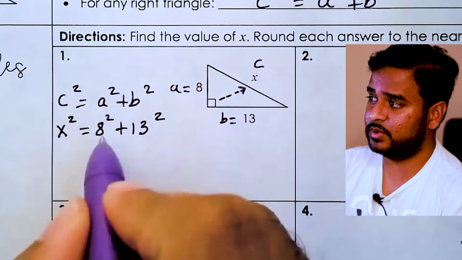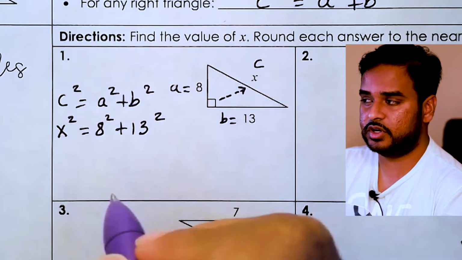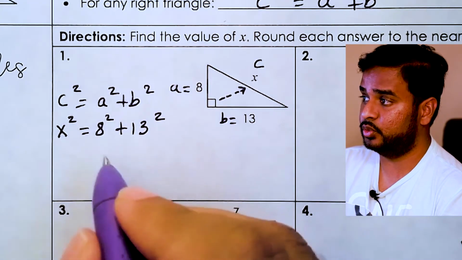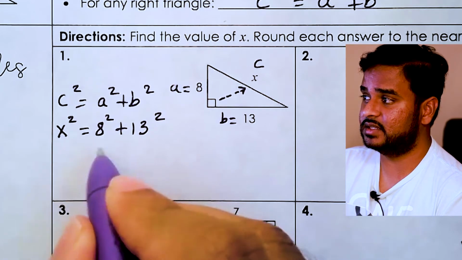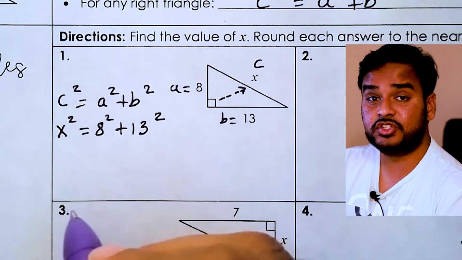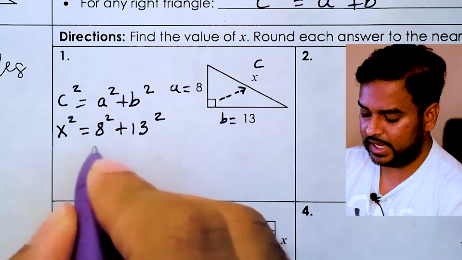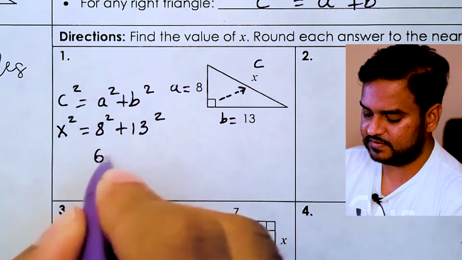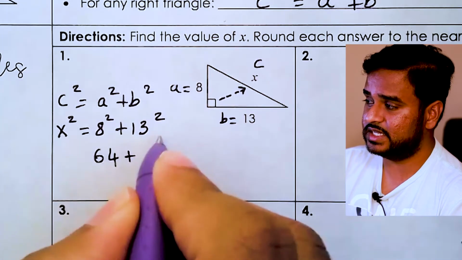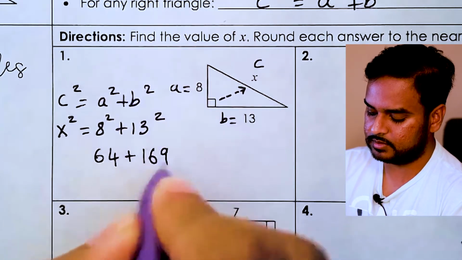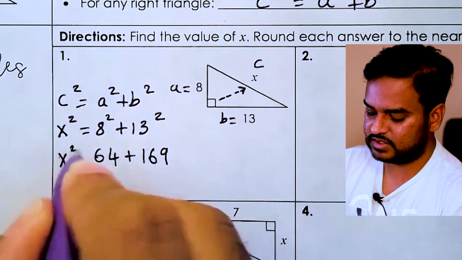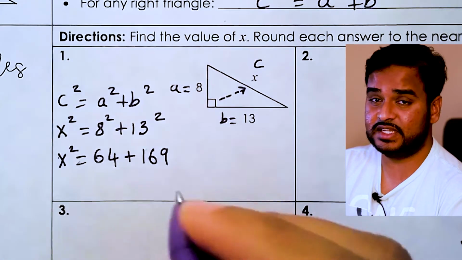I just replaced A with 8 and B with 13. To find X squared, I need to simplify and solve for X. 8 squared gives me 64, plus 13 squared gives me 169. So X squared is 64 plus 169.